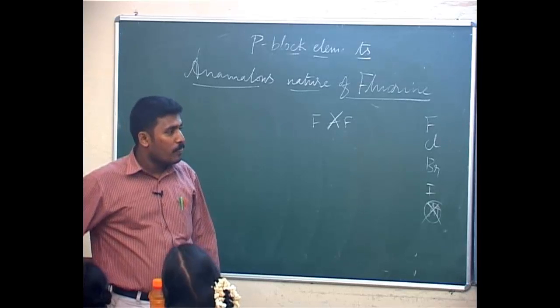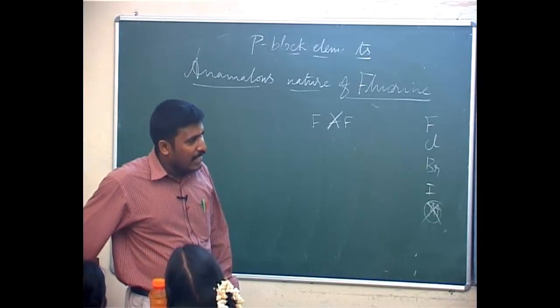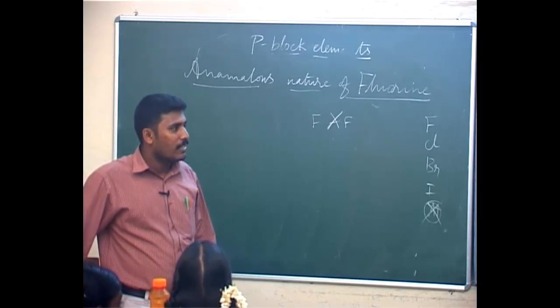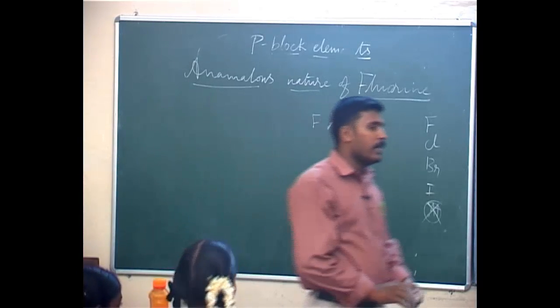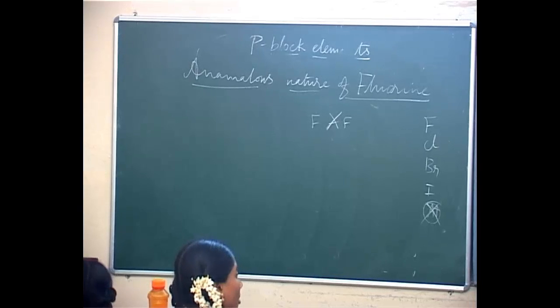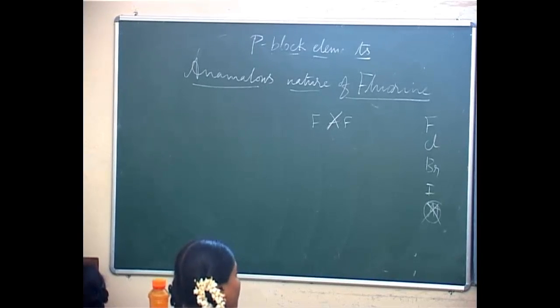The last question: dash attacks glass. Because fluorine has the greatest affinity with hydrogen, resulting in the formation of the H-F bond. HF gives intermolecular hydrogen bonding. Finally, you will get HF, and HF attacks glass.